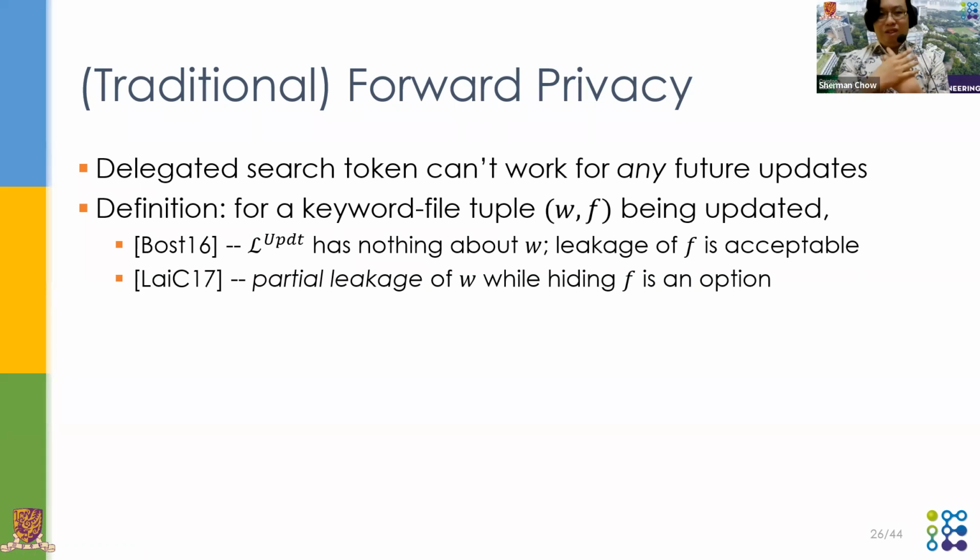Obviously, if you leak everything, there is no forward privacy at all. That is a non-interesting way to achieve forward privacy. But if we try to hide one end of this (W, F) relation, arguably we can still achieve the original spirit: the delegated search token cannot really work for any future update, even if there is some partial leakage of W. Of course, that all depends on the definition of what this partial leakage is.